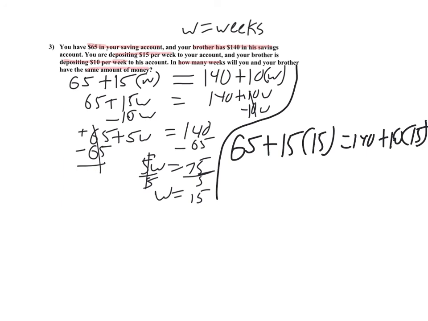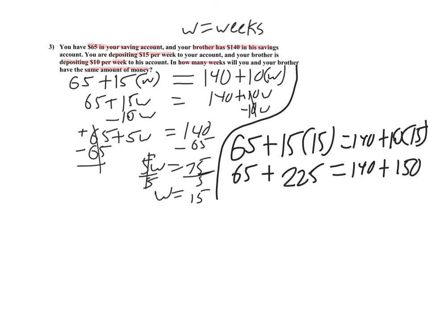Alright, so we're going to take care of the parentheses first on both sides. So 15 times 15 is going to be 225. And then don't forget the 65 right here. And then we've got 140 plus 10 times 15 is 150.